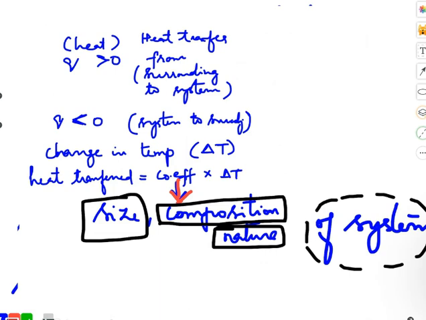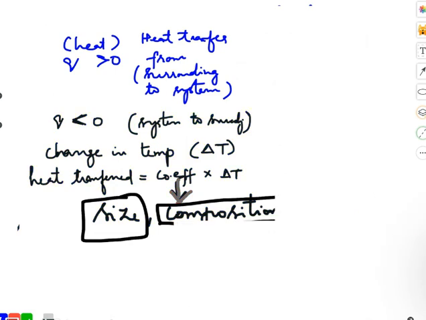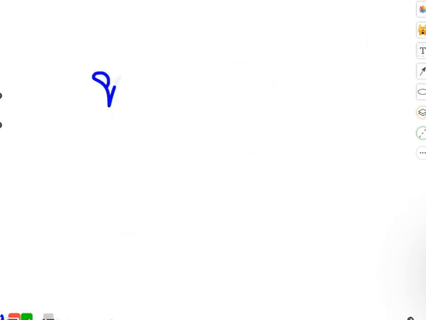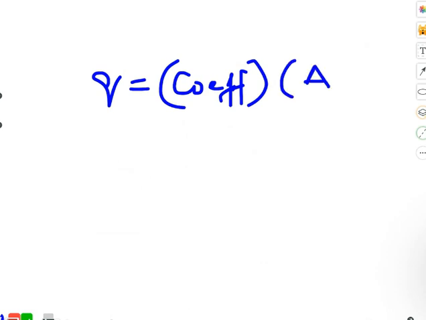Now we're going to try to understand a little bit more. Now Q is what we said: coefficient into del T, C into del T. Okay.